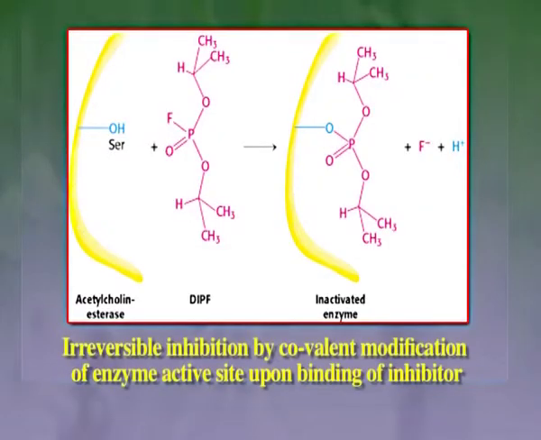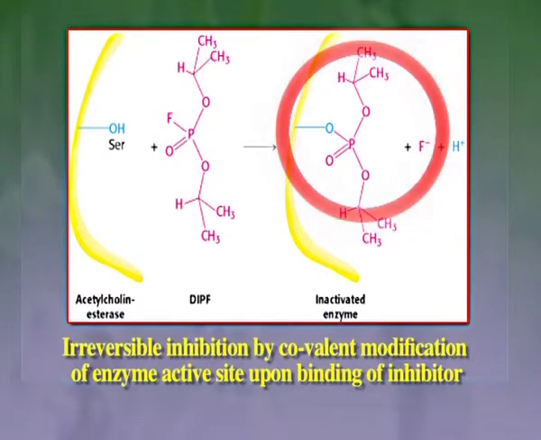These combine with or destroy a functional group on the enzyme which is essential for its activity or form a particularly stable covalent association. Formation of a covalent link between an irreversible inhibitor and an enzyme is common. If you look at this structure, the yellow line indicates the active site of the enzyme and the OH group is the functional group projecting out from the amino acid serine. The inhibitor is forming a covalent association with the O of the OH.